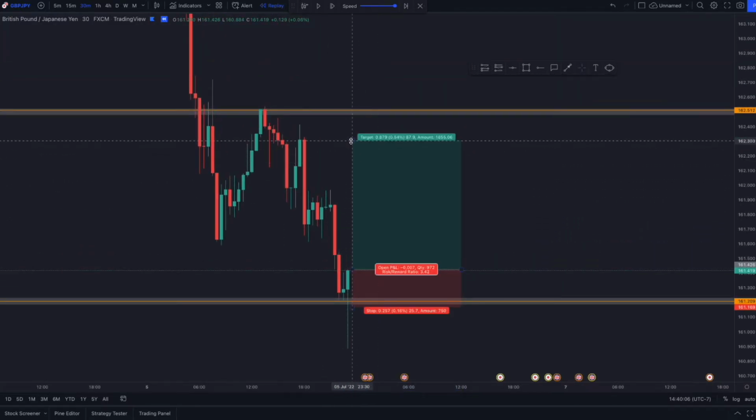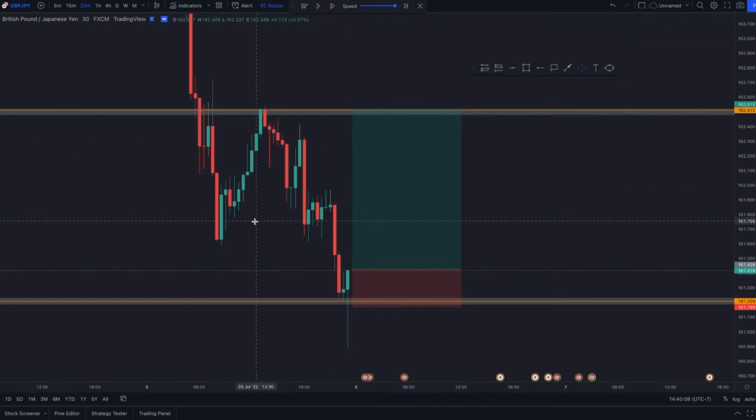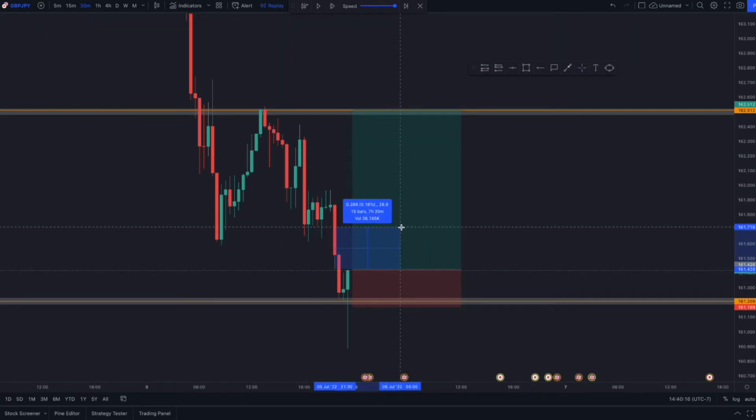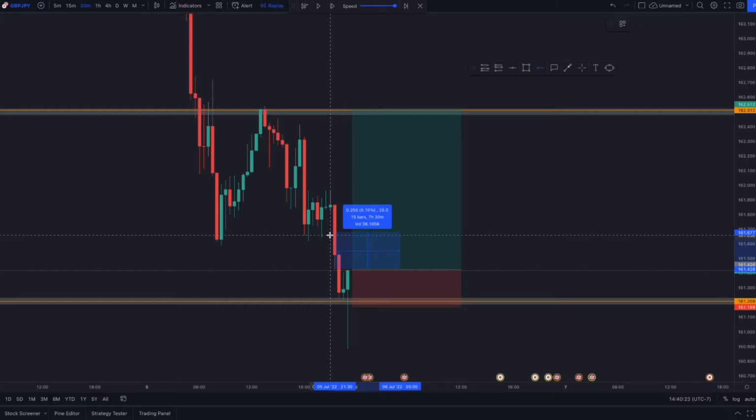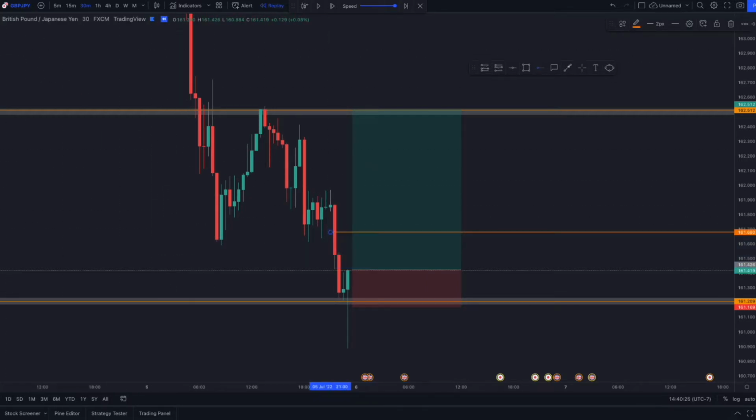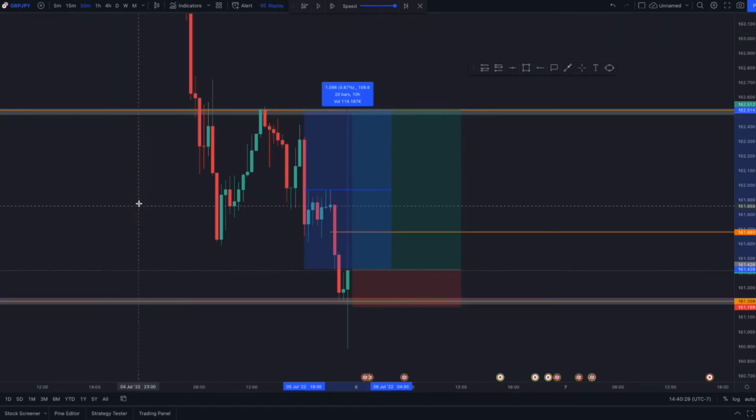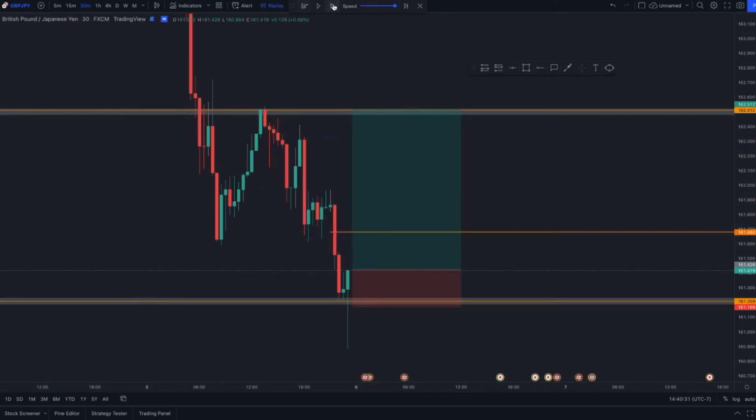I'm having a 25 pip stop, a 4 to 3. So I'm not too worried about this. I'll put break even at 25 pips right here, right there, break even. And I'm probably looking for back at that range. Okay, let's just see.